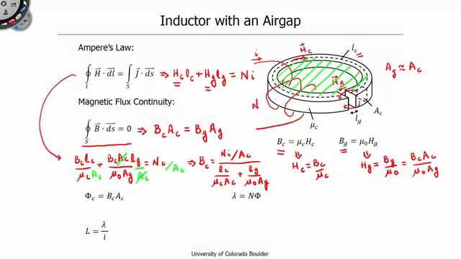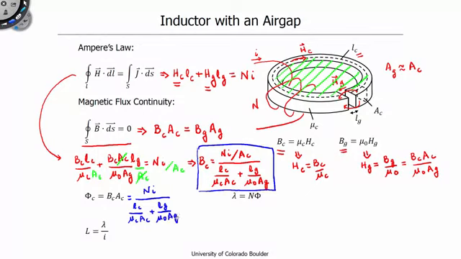So there we have it, an expression for the magnetic flux density in the core. Once we have this expression, we can easily compute the total flux going through the core, which is simply BC times AC. When we do that, the AC gets cancelled, so the expression simplifies to Ni over LC over mu C AC plus LG over mu naught AG.